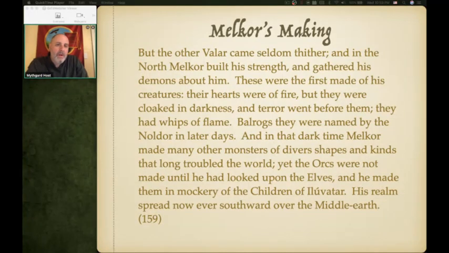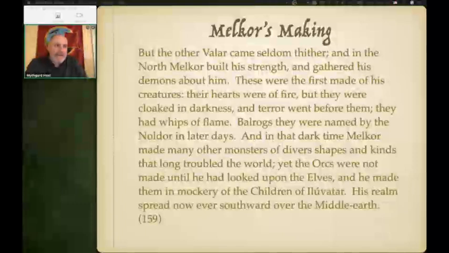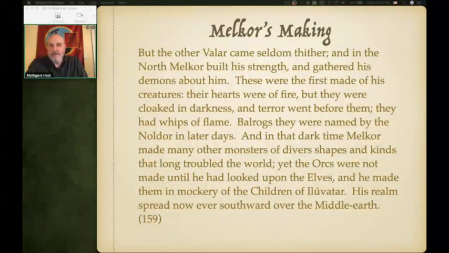So, Mary, when I say constructs, yes, automata essentially, right? Not automata in the sense that he's remotely operating them, right? I don't think that we have to imagine Melkor as drone operator. He is infusing them with some of his spirit. Remember the passages here, which I think are directly connected to all of this, about Melkor infusing his creatures with his spirit, right?